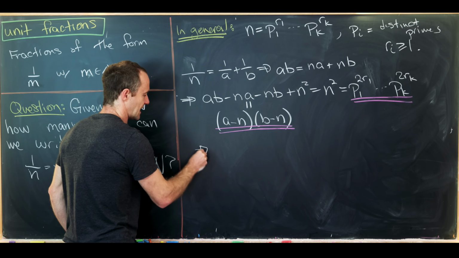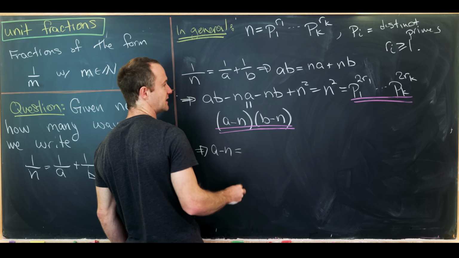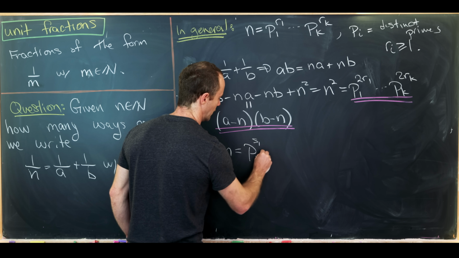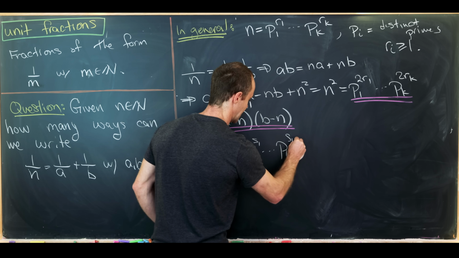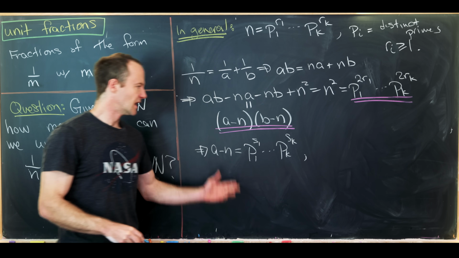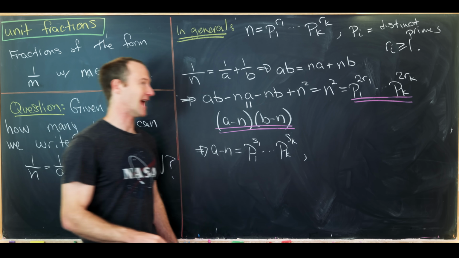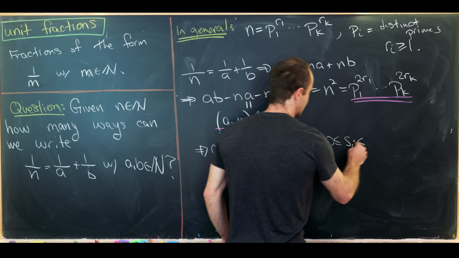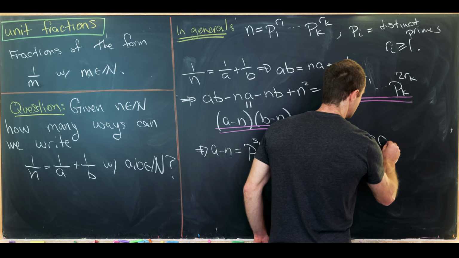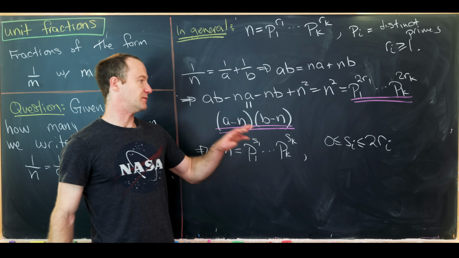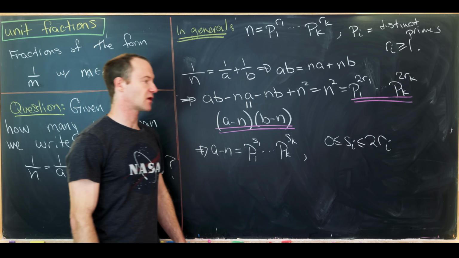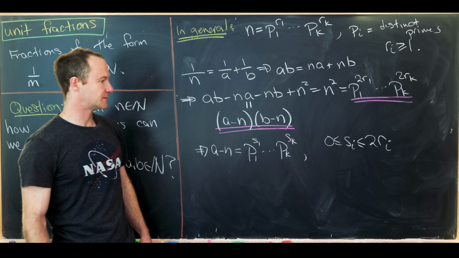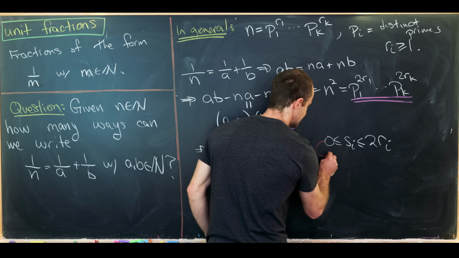So that means that we have a minus n must be of the form p1 to the, let's maybe call it s1, all the way up to pk to the sk. And then what are the possible choices for these s's? We'll notice that each si is between 0 and 2ri. Could be 0 if it does not include one of those prime factors. It could include all of the possible prime factors. So how many possible choices are there here?